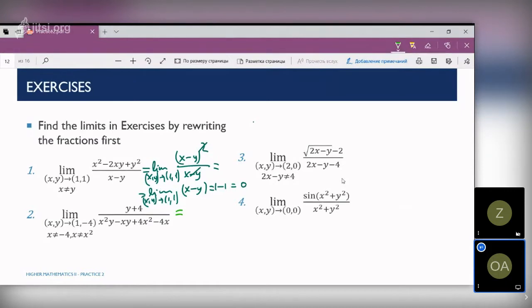One over minus 4 plus 4, x squared outside of parentheses, y plus 4 minus x, y plus 4. Y plus 4 is here.